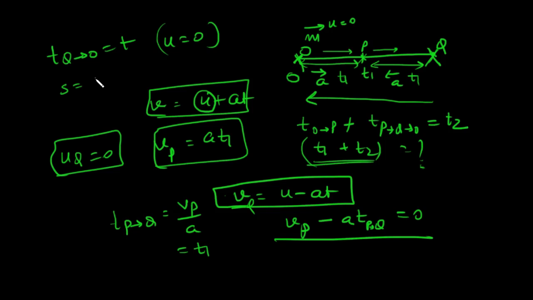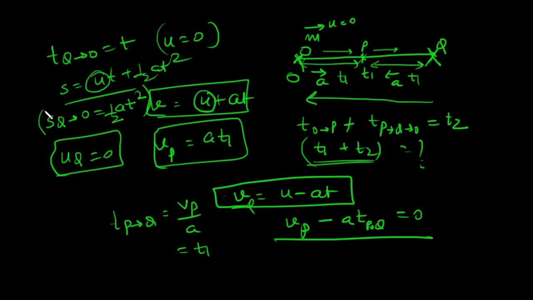S we know is ut plus half at square by the second equation of motion. U at Q is 0, as I already explained. So the distance from Q to O is equal to half A T square. T I have assumed is the total time from Q to O.